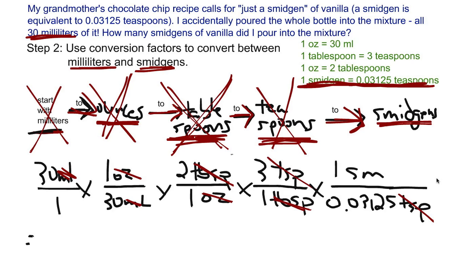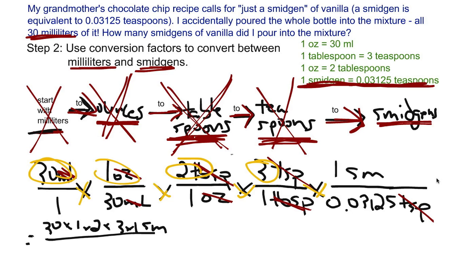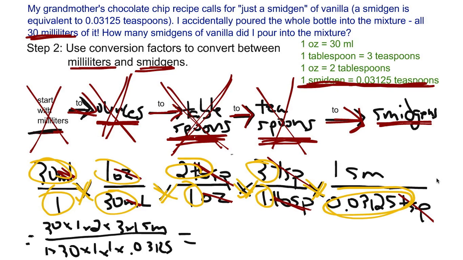Multiplying across the top gives us 30 times 1 times 2 times 3 times 1 smidgen divided by. Now we multiply across the bottom. 1 times 30 times 1 times 1 times 0.03125. And let's finish this up. Multiplying across the top will give us 180.